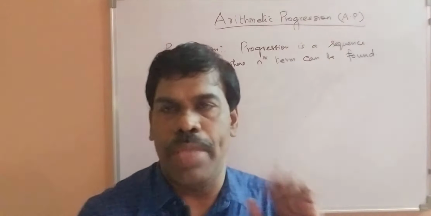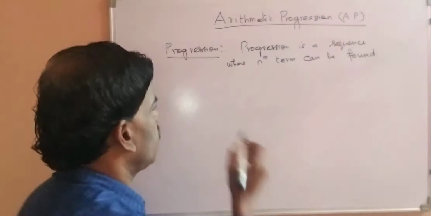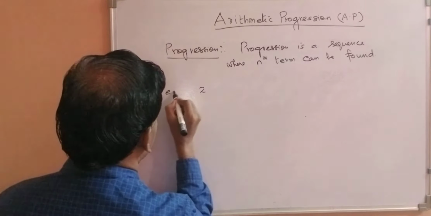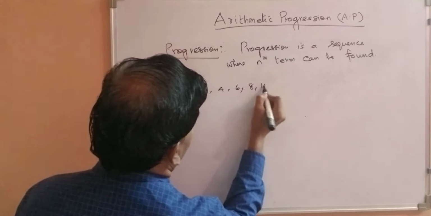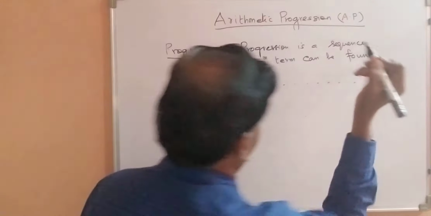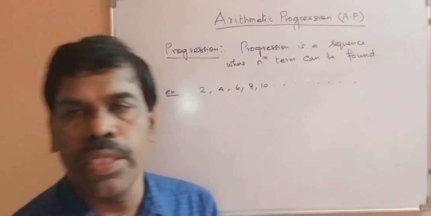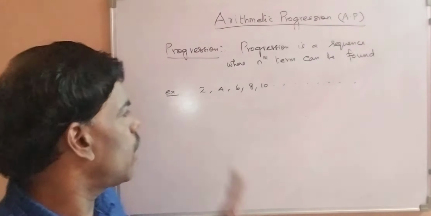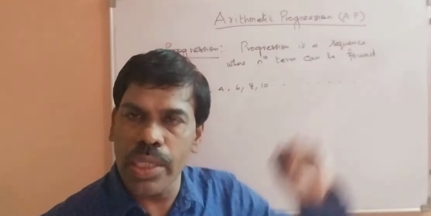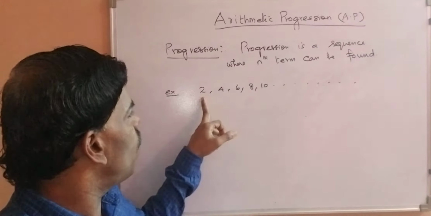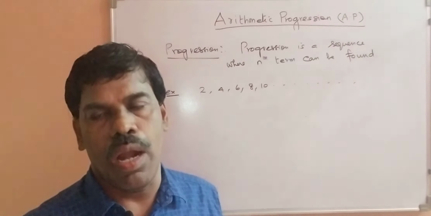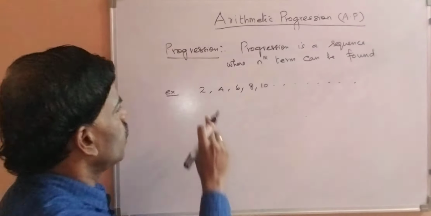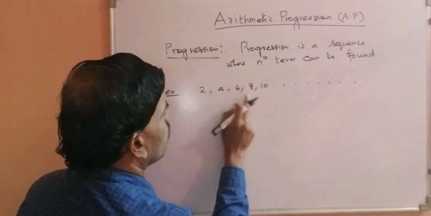What is the meaning of that? I tell you. Now for example 2, 4, 6, 8, 10, etc. Is it a sequence? Yes, it is a sequence because it follows some rule. What is the rule followed here? With every number, with the previous number, 2 is added to get the subsequent number. Okay. Now, this is first number, second, third, fourth, fifth.